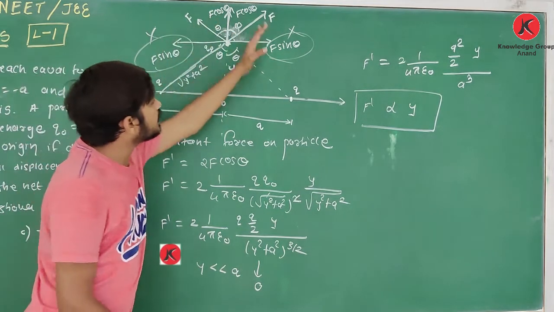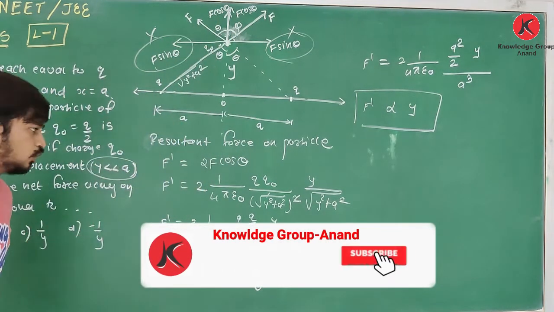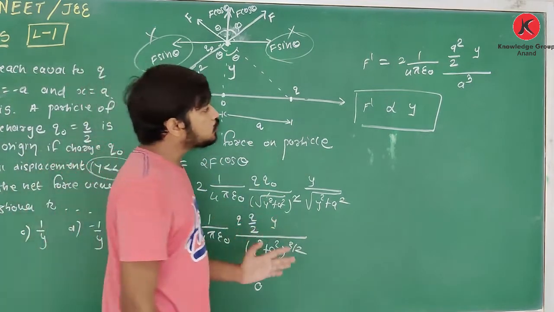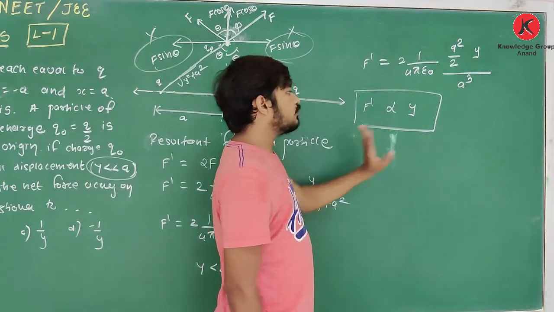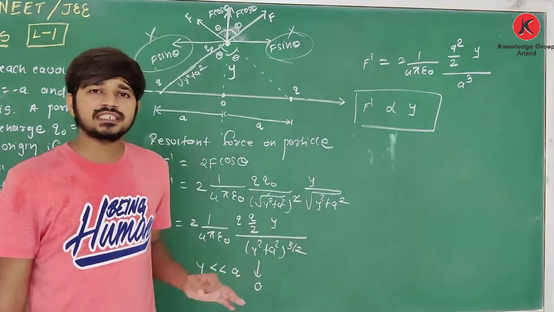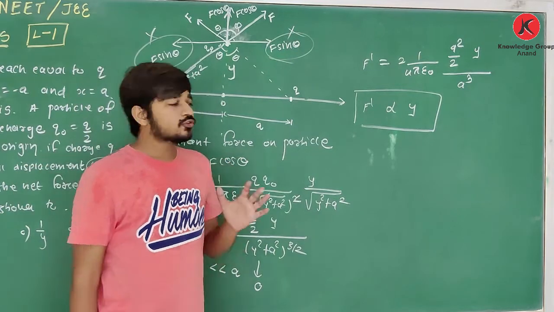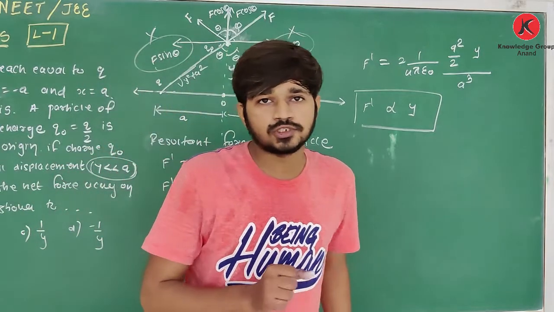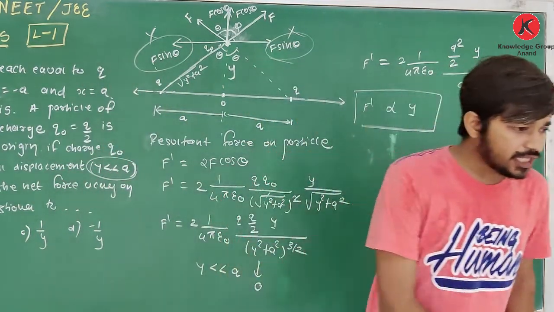First of all, you have to draw the diagram properly, then find the resultant force acting on it, and then make the relation. F dash is proportional to y because the other quantities are constant. Clear? There are a number of questions based on Coulomb's force. For today, this is it.